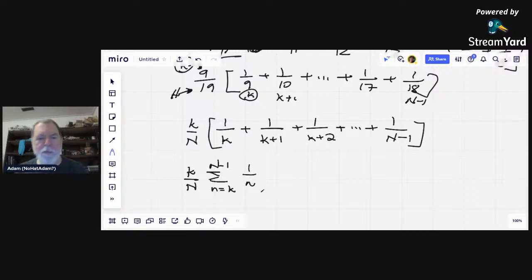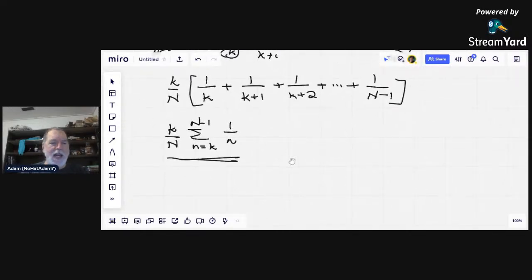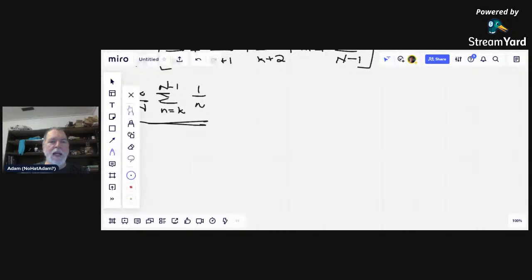Okay, so how do we optimize this function? We are going to take advantage of another little fact here, which works better for large N, but it's a way of approximating this partial sum of a harmonic series. I don't know if you know the harmonic series.